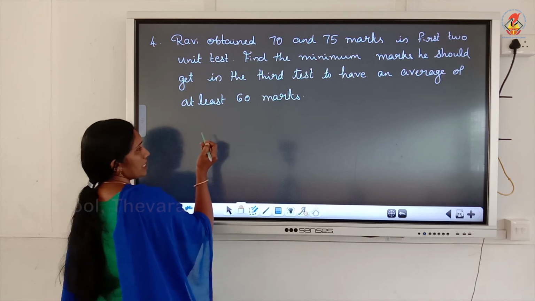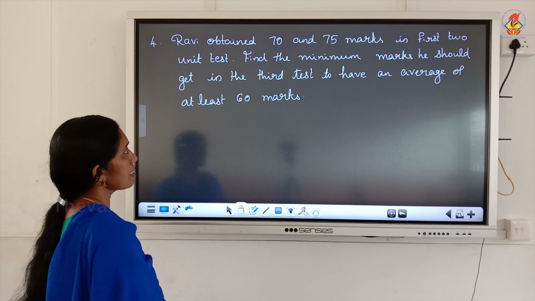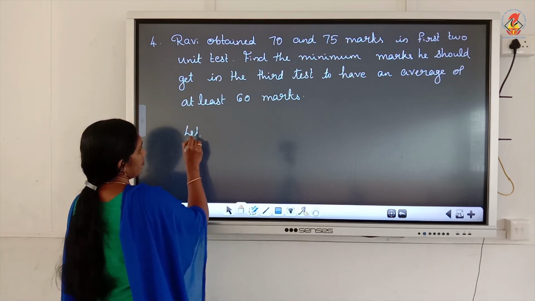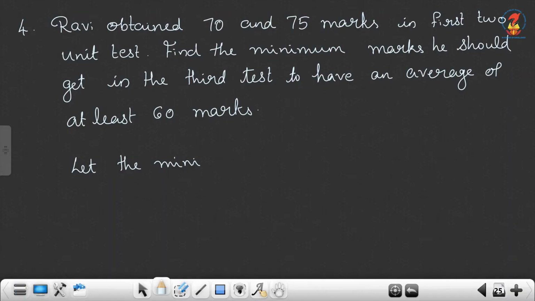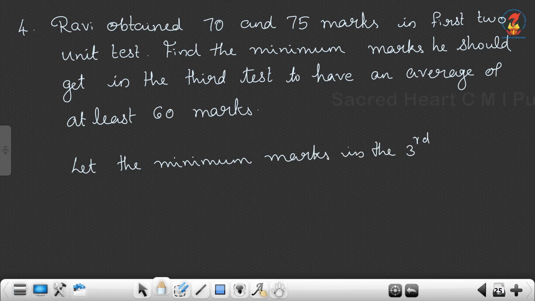So we don't know what is the minimum marks in third test. So we can write let the minimum marks be x. Marks in the third test be x.